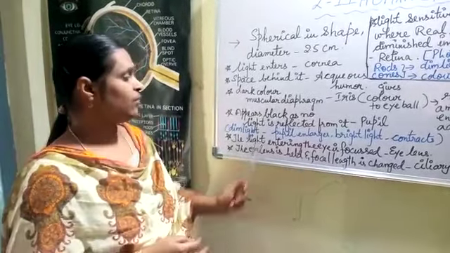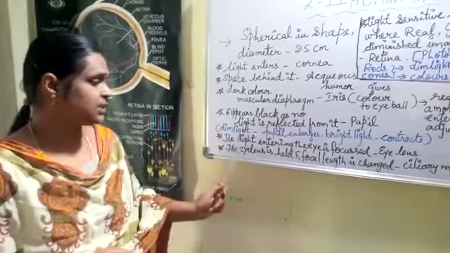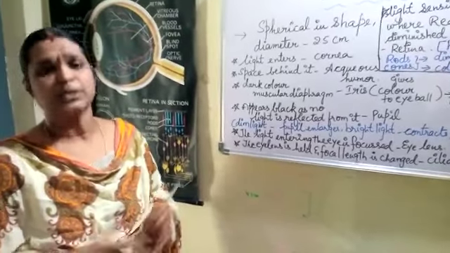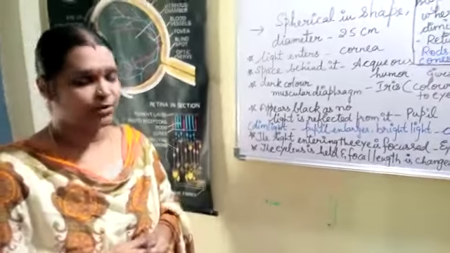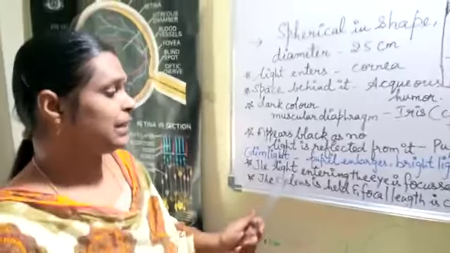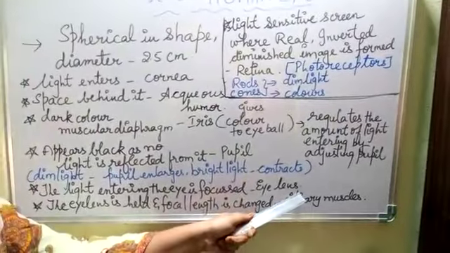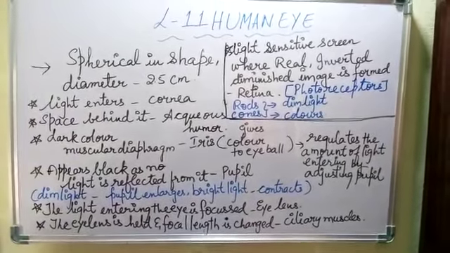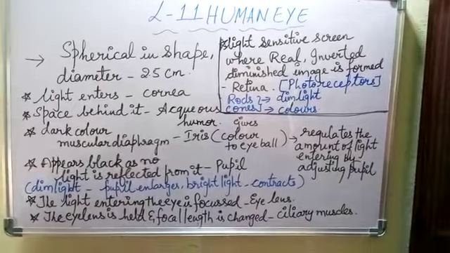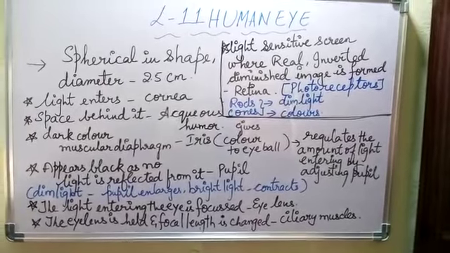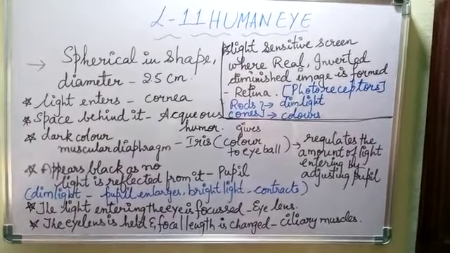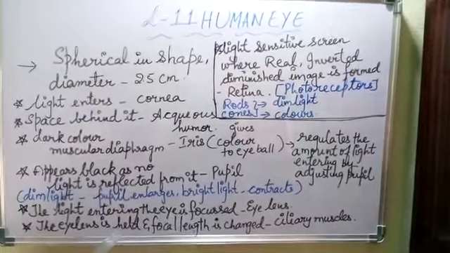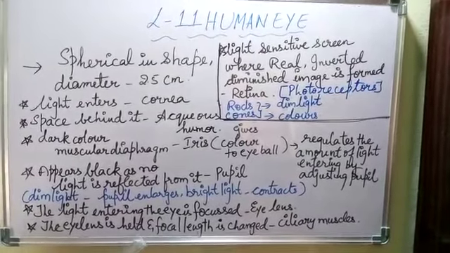Then we have the next part, that is the eye lens. This is nothing but the convex lens that we have learnt, right? The light entering the eye is focused by using the eye lens. The eye lens is transparent, and the light which is coming from the distant object is passed through the lens and enters the other part of the eye.